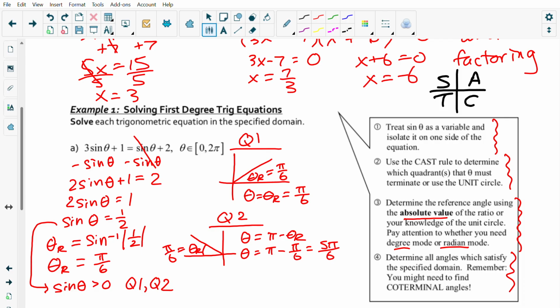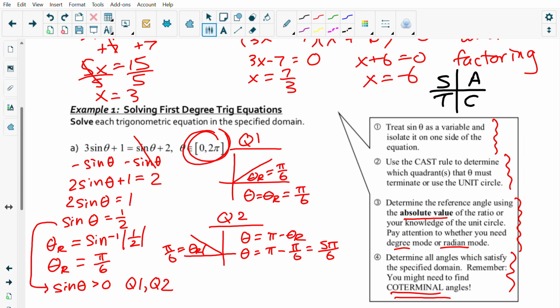Within the domain of 2 pi, do I have any more coterminal angles? If I do another full rotation here, plus 2 pi, well, that's outside of my domain, so I'm not going to get another solution there. If I add 2 pi to this, that's going to be outside of this domain again, so I always have to check for coterminal angles.